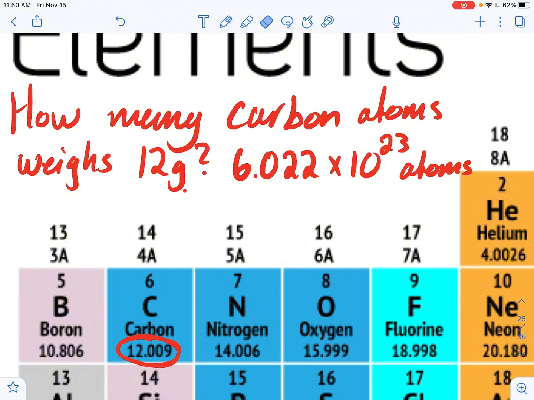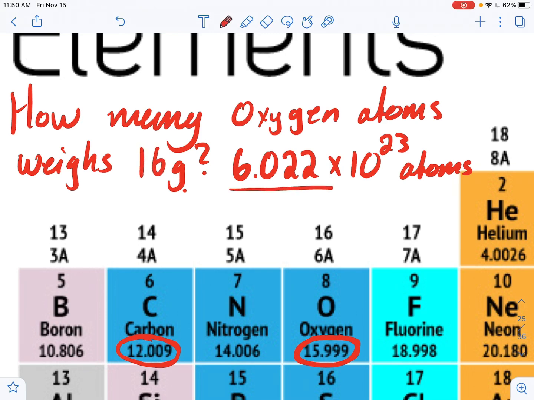And he continued his experiment, and he said, okay, let's forget about carbon. How many atoms of oxygen does it take to weigh its atomic mass in grams? And its atomic mass here is 16. So how many oxygen atoms does it take to weigh 16 grams? And what he found was it was 6.022 times 10 to the 23 atoms.